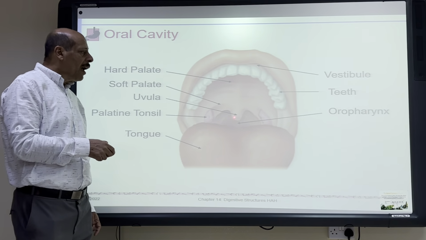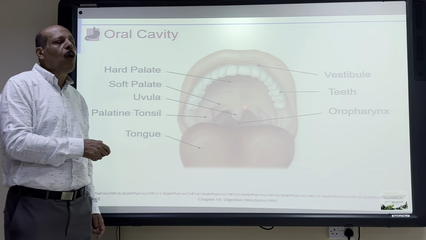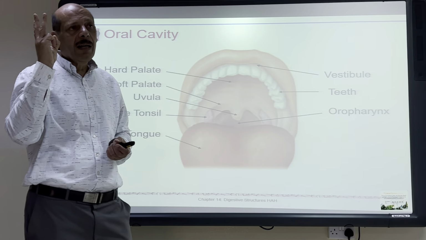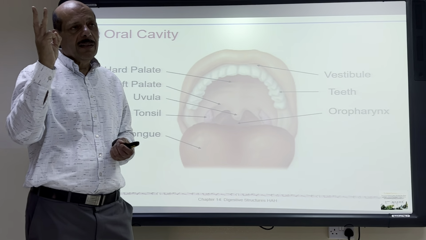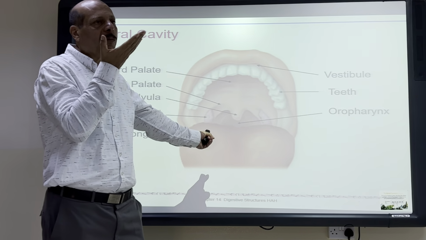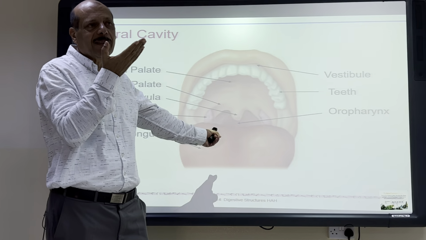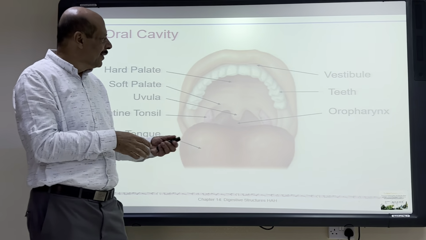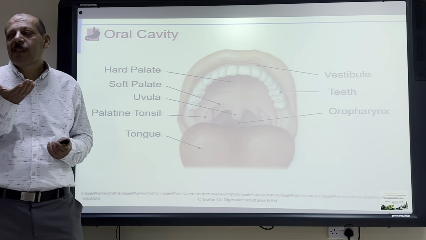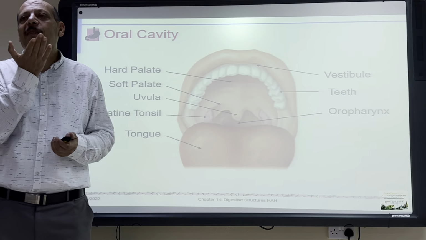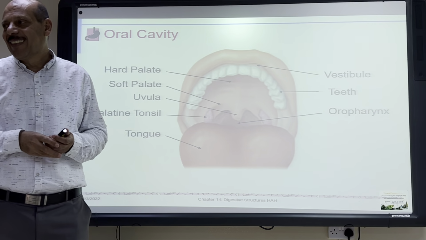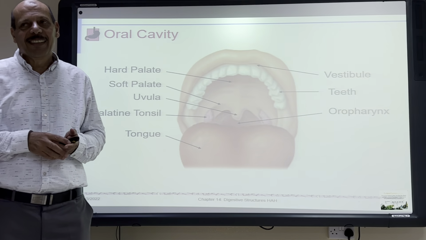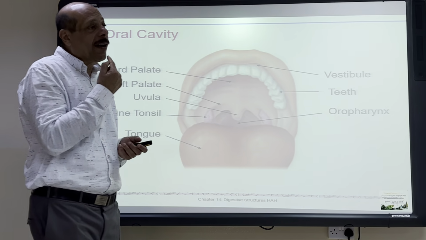Then we have this part, the oropharynx, because the pharynx, we said, has three parts. One of them is the oropharynx. What do we call the one above the oropharynx?